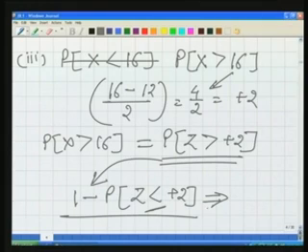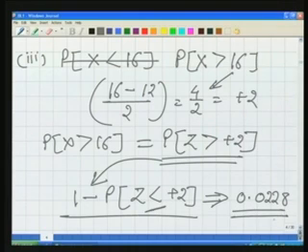The answer for this problem should be 0.0228. So, you try to find this answer using the table. We have seen the use of the table.